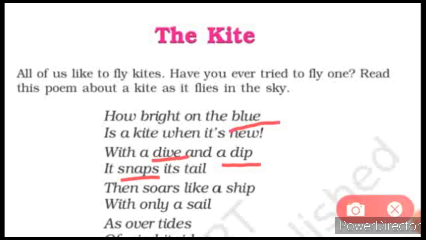That's the meaning here. How bright on the blue is a kite, that is, the kite is blue in color. When it's new, the first appearance of the kite in the sky, with a dive and dip, it snaps its tail. What is the explanation of the first four lines? A kite looks bright on a clear sky when it flies for the first time.